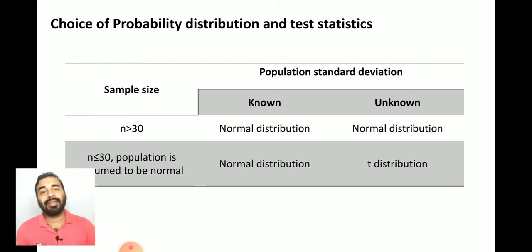But if you don't know the population standard deviation and the sample is less than 30, but you are assuming that your population is normally distributed, then you can go for the t test. So this is the situation when we have to go to the t test or to the z test or normal distribution. I hope it is clear for you.